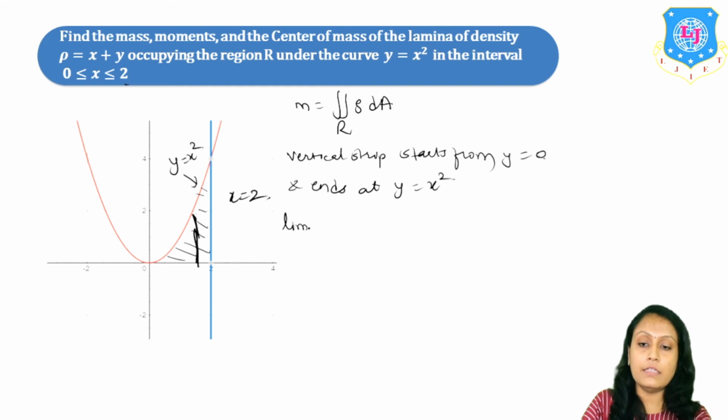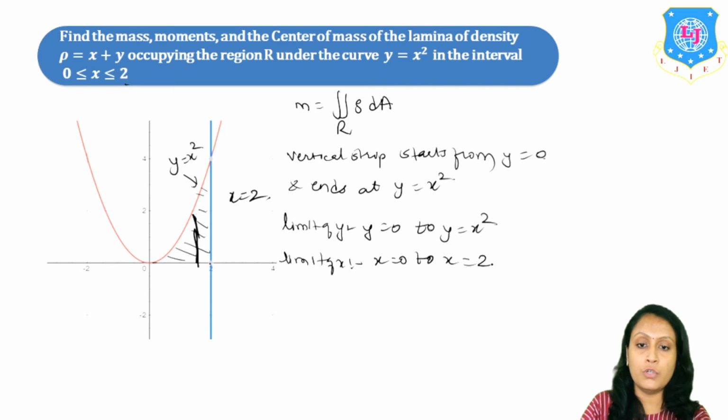Therefore we can write the limit of y as y equal to 0 to y equal to x squared, and the limit of x from x equal to 0 to x equal to 2.